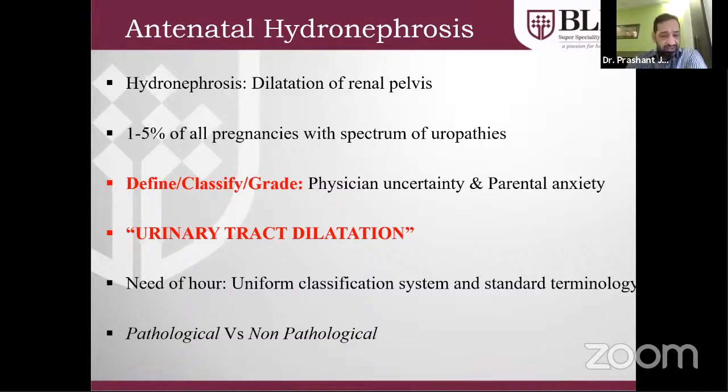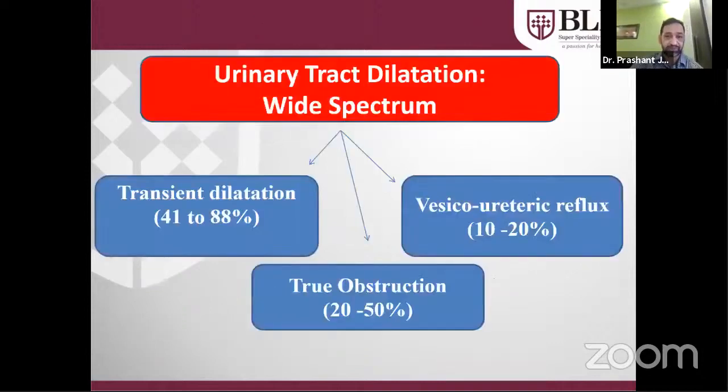It is very important that we differentiate pathological versus non-pathological, obstructed versus non-obstructed systems, because as we all know, many of these hydronephroses which are mild are transient. And we should be able to detect pathological hydronephrosis in time so that timely intervention can be done and we can avoid any sort of uropathies in these patients.